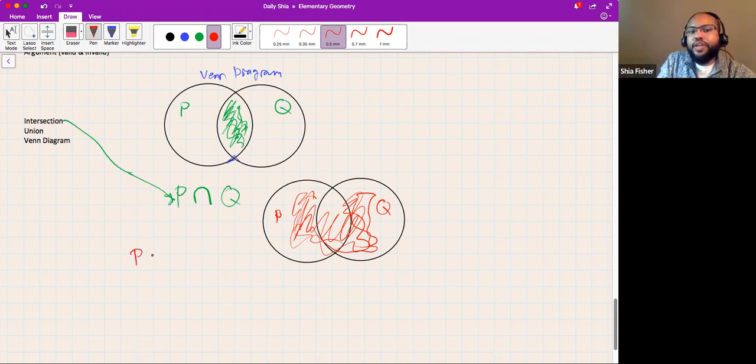That is the union of P and Q. So again, it's the same shape, but one's upside down compared to the other. But this is the union of P and Q, because sometimes we want to look at what happens when we put the sets together.